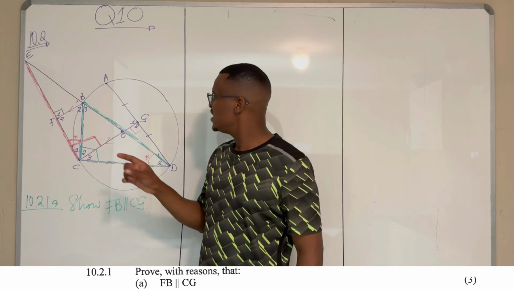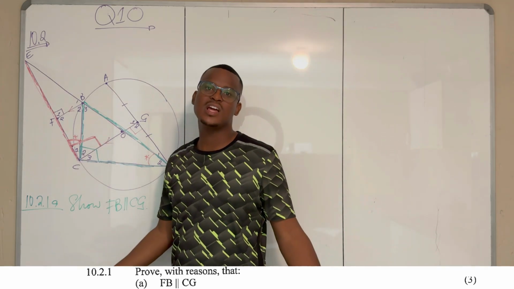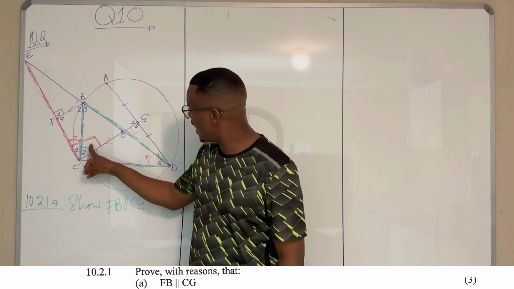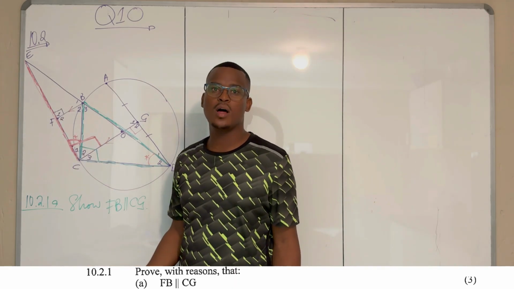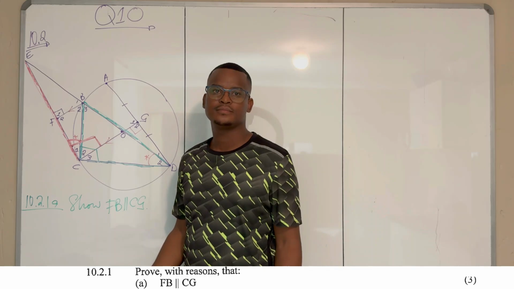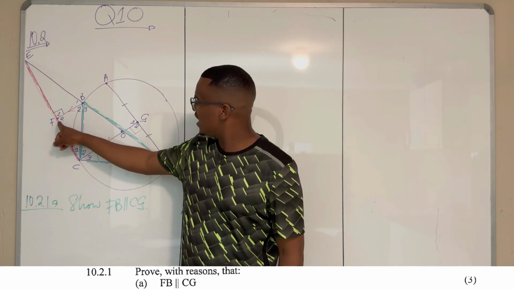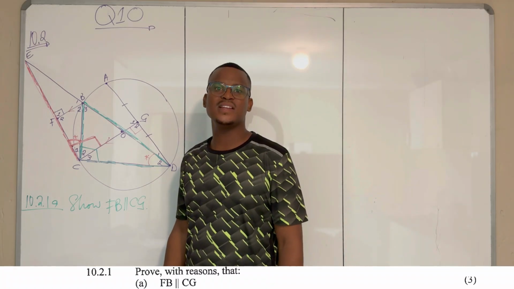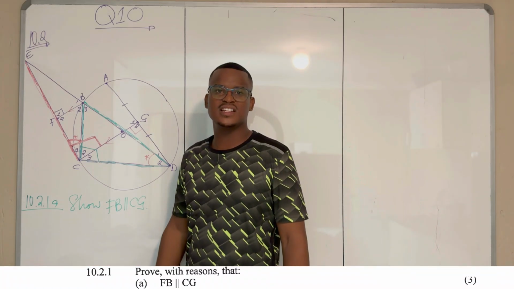So what does that mean? It means these 2 lines have the same orientation, therefore they are parallel. So you need to show that this angle and that angle, which are the corresponding angles, are equal. Then you're done. Or if this is 90 and so is this one, if you add these 2, they give you 180, which is co-interior angles supplementary. Either one is enough.